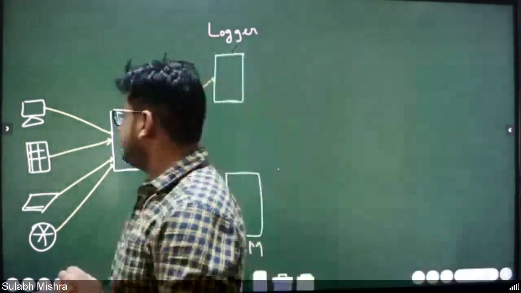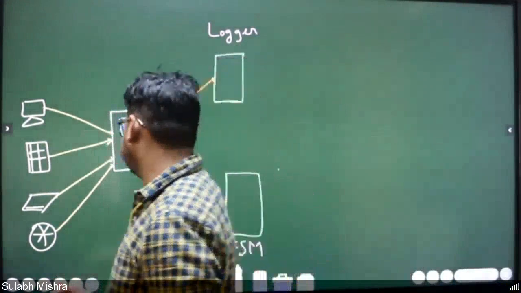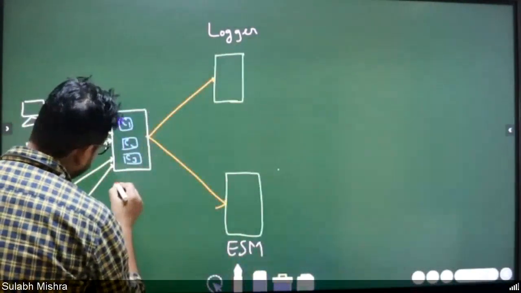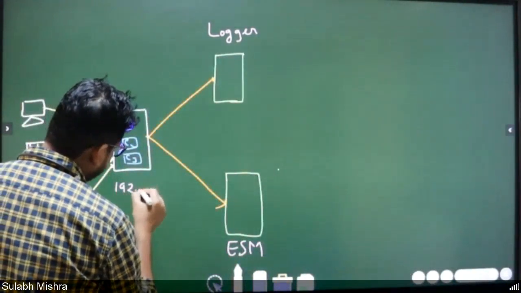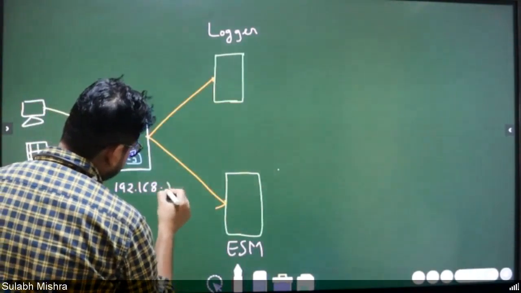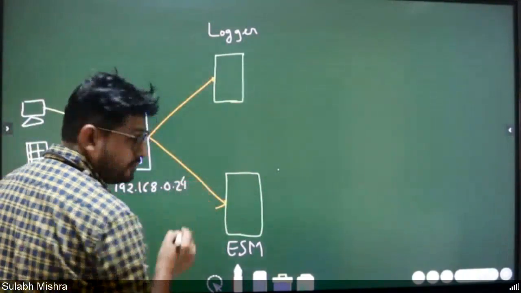Okay, so let's say this is a connector server IP 192.168.0.24.